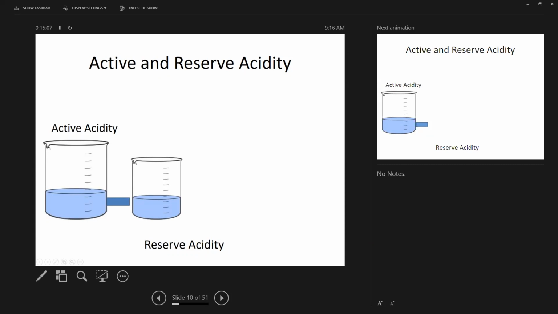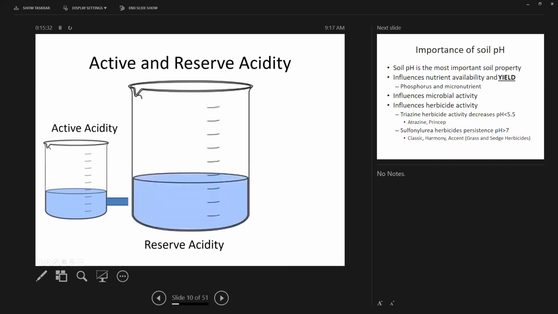However, if that is connected by a straw to another cup, this is your reserve acidity. So when I remove this 3.5 units of water, I have this much reserve acidity, or this much water that can move over and fill this cup again. Well, what we don't know about reserve acidity, if we just measure the pH of the soil, is how big this pool is. So do we have less acidity or less water to replace that? Or does our pool look like this?